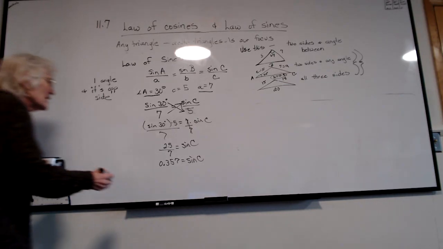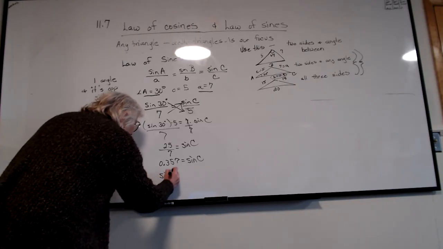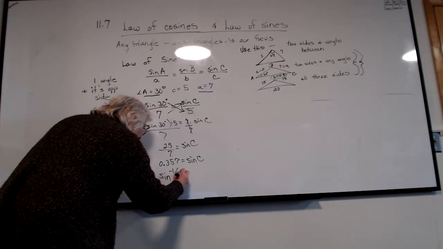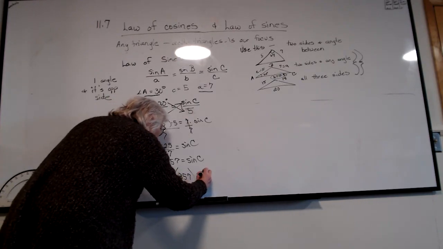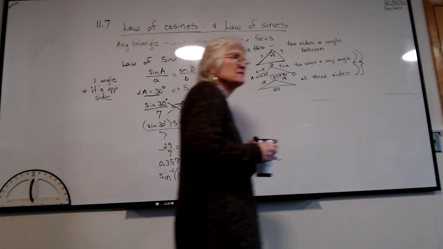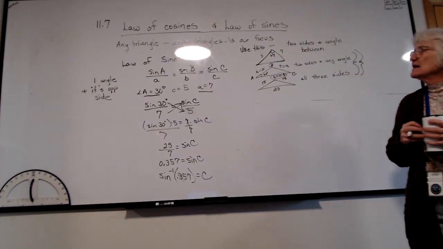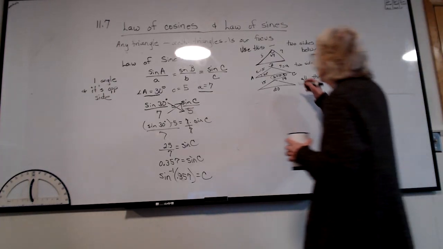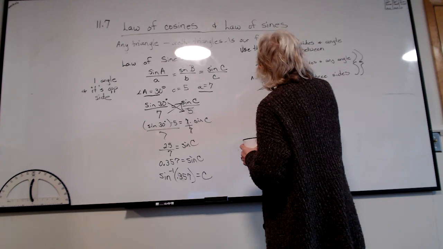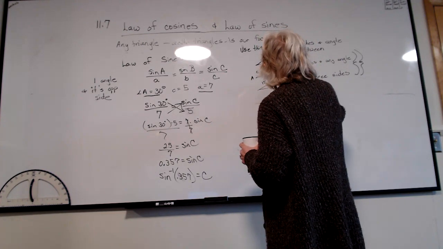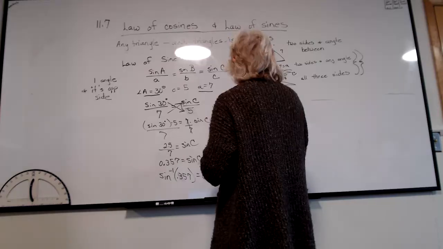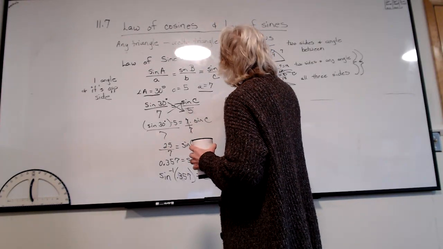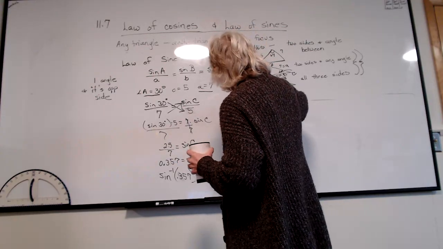So you're gonna put in your calculator sine -1 of 0.357. And that will equal C. So how big was that? 20.91, okay, so C equals 20.9, right? Yes.